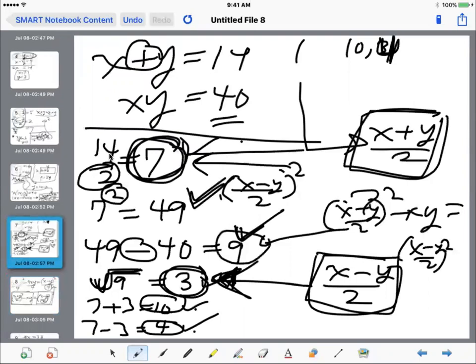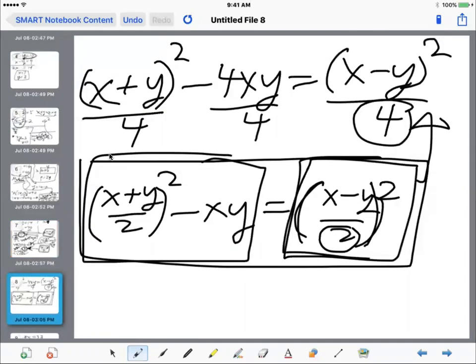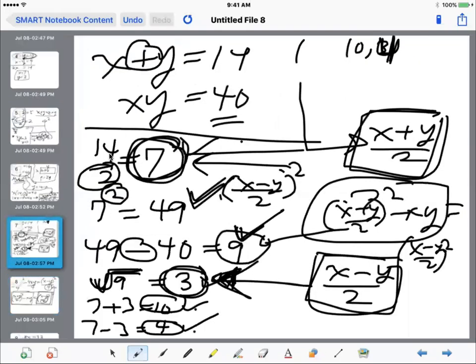On the one hand, it's x plus y over 2 squared minus xy, but because of this identity, it can be replaced with x minus y over 2 squared, so that when I take the square root of it, I end up with just x minus y over 2, which can get put together with the x plus y over 2. That's the gist of why this works.